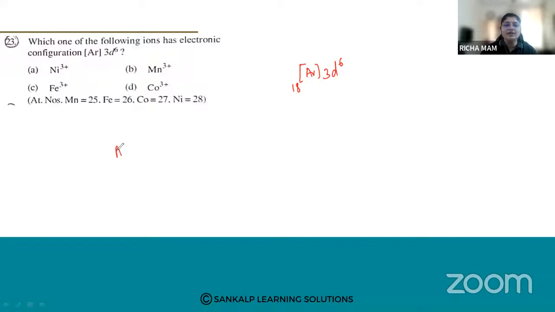Mn is 25, so let us write for 25: argon 18, then 3d5, 4s1... Then Fe is 26, argon 18.